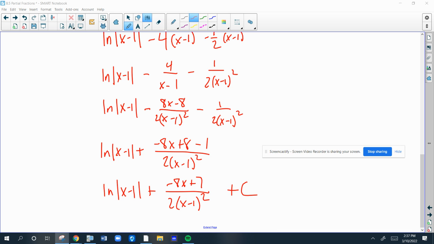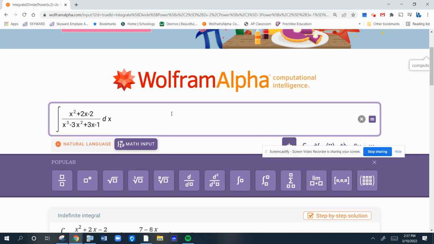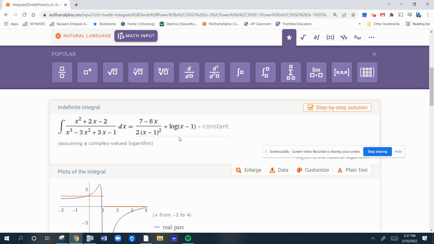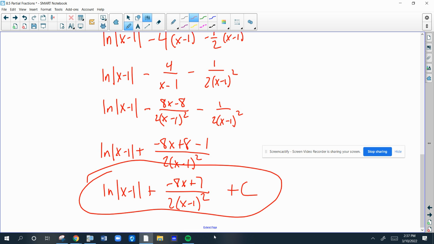So I did a little preview on Wolfram Alpha. There's the answer: 1/2 times negative 8x plus 7. That looks good. So there you go. That is it. I'm going to stop right now.